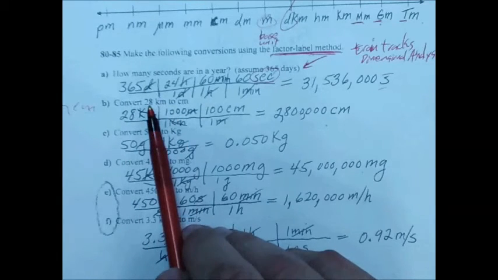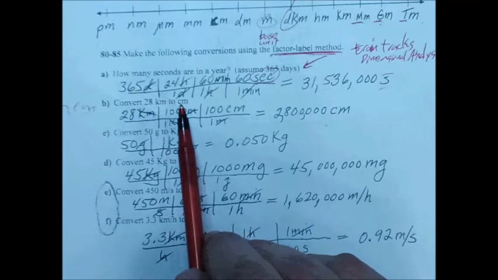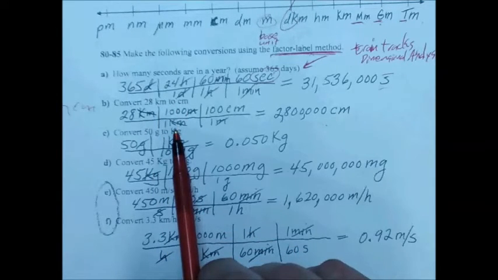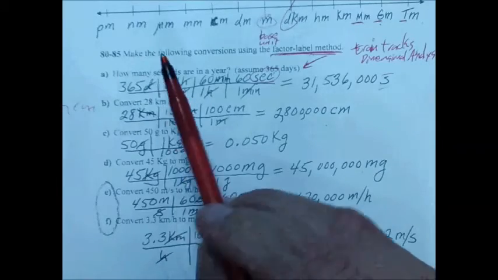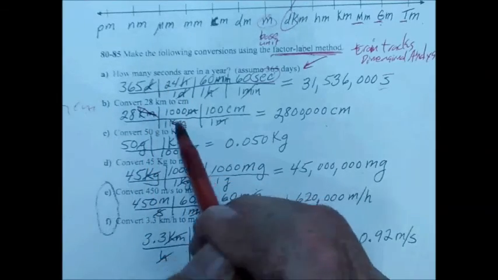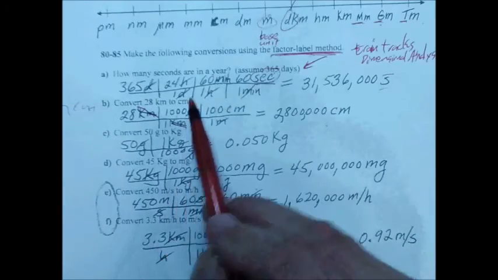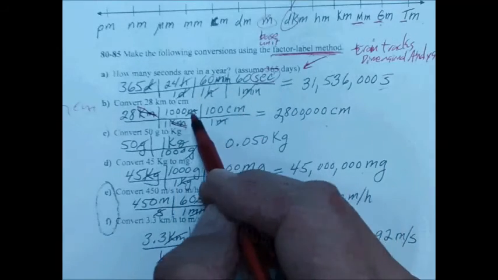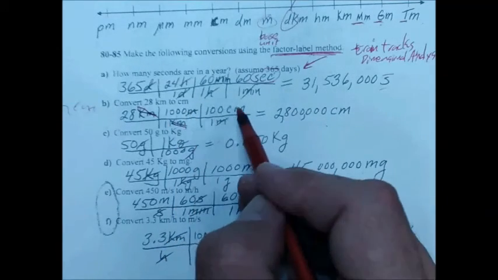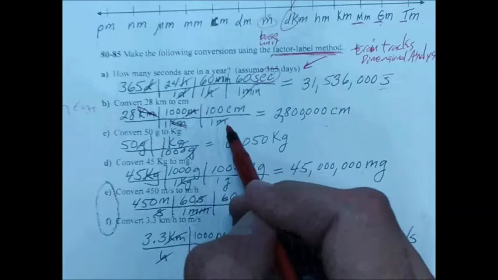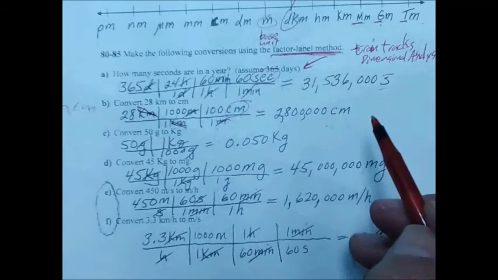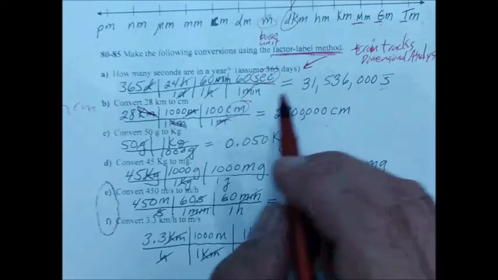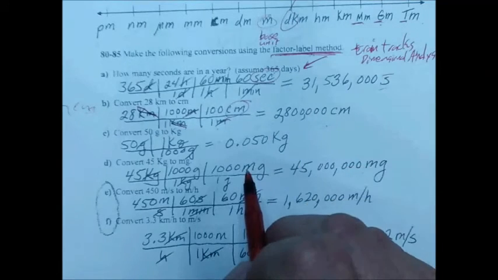I need to get rid of kilometers and convert something closer to the base unit. So there are 1,000 meters in a kilometer, so kilometers cancel. Now I'm going to convert meters, which is all that's left, into centimeters. So there are 100 centimeters in a meter, so now meters cancel. It leaves us with centimeters. And I end up with 2,800,000 centimeters.